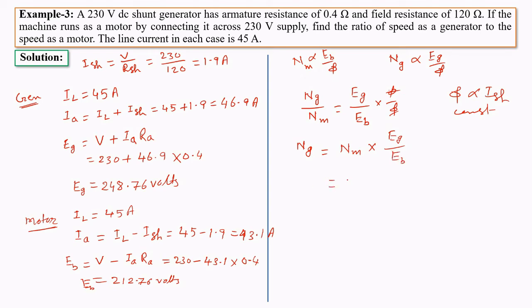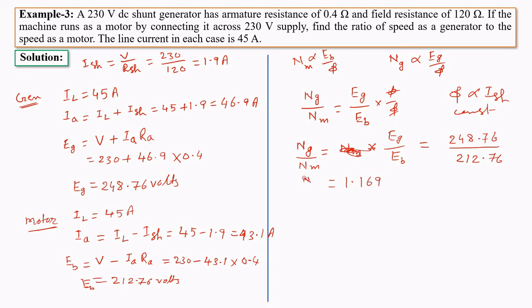And here we have to find the ratio. So we can write speed of the generator upon speed of the motor will be equal to Eg, that is 248.76, upon the back EMF, 212.76, and this value will be 1.169.